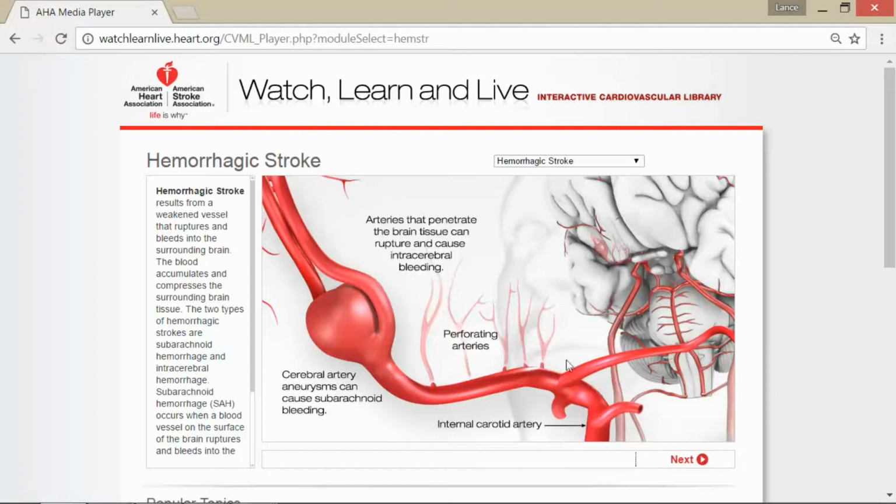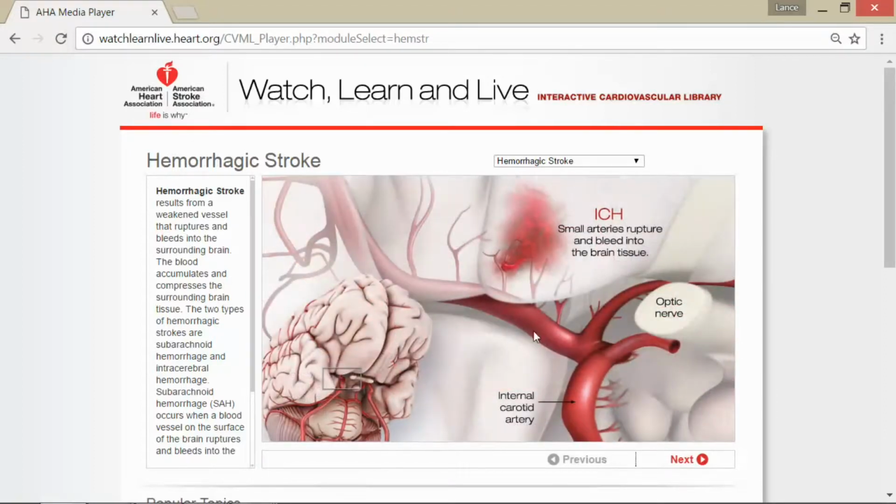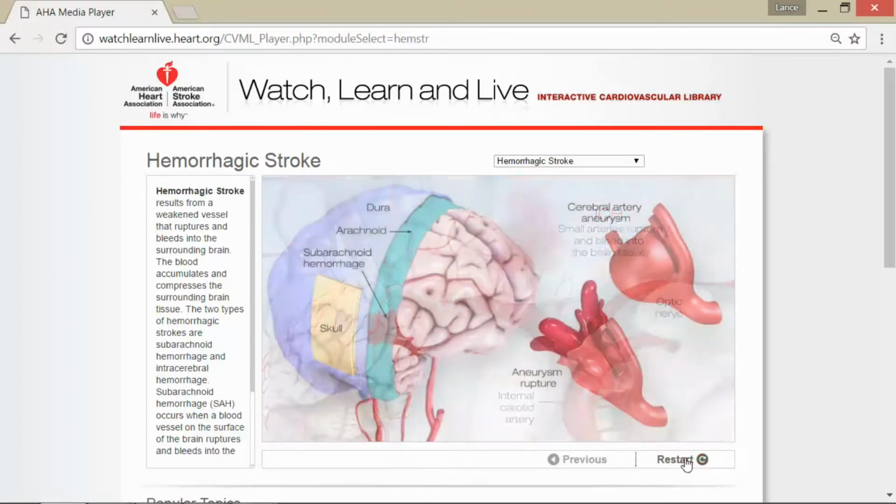So this is all connecting to the brain. So ICH, small arteries rupture and bleed into the brain tissue. You can see here, there's an optic nerve to the right, and then the internal carotid artery is right here. That's one of those big vessels leading up to the brain. Very fascinating to see the brain and all the vessels that are connected to it.